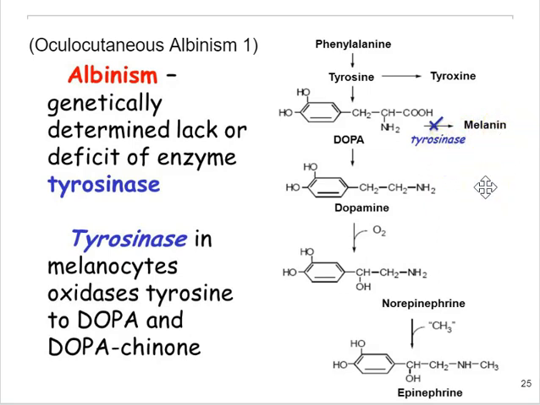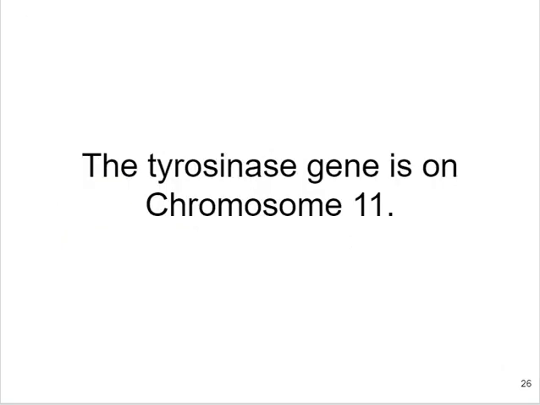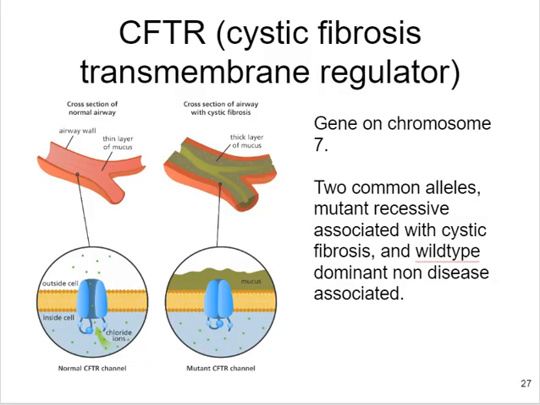The carrier heterozygote, big A, little a individual has one working copy of the tyrosinase gene, and that is enough to get enough melanin to have a normal non-albino phenotype. But they can transmit the little a allele to their offspring. That tyrosinase gene is located on chromosome 11 in the human genome.